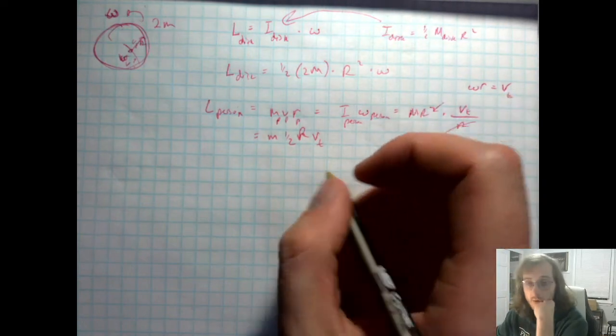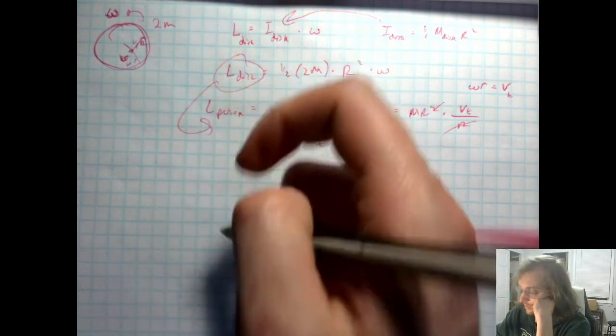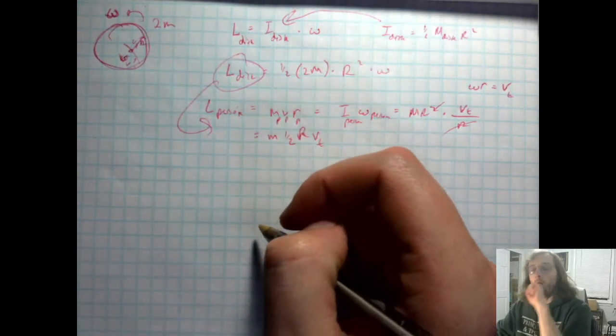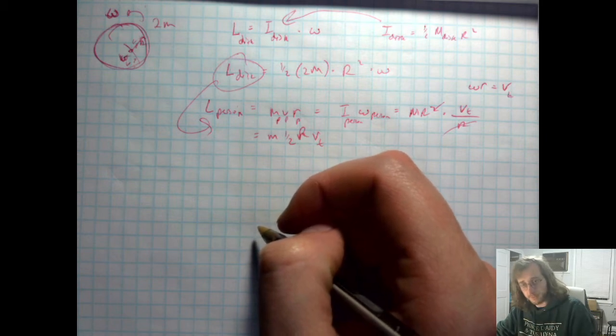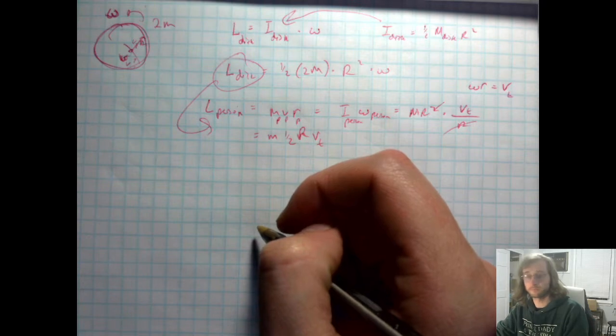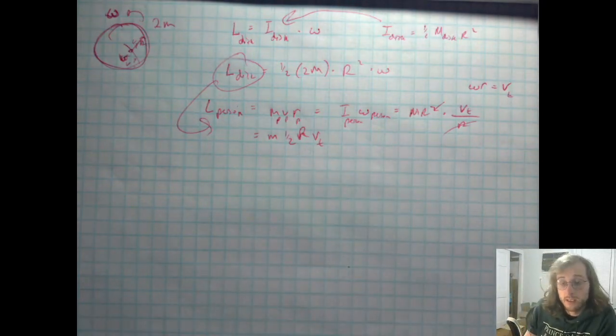Great. So at this point, what we can say is that this angular momentum the disk starts with is equal to the angular momentum that the person gains. Something to be a little bit careful of here.